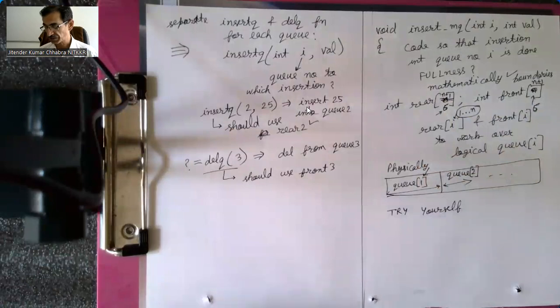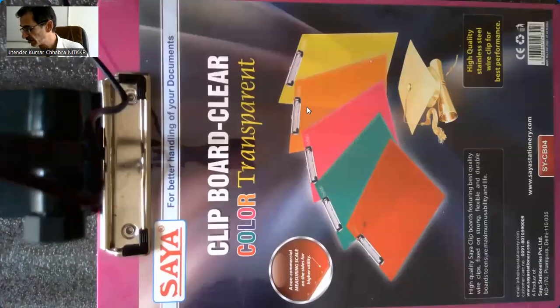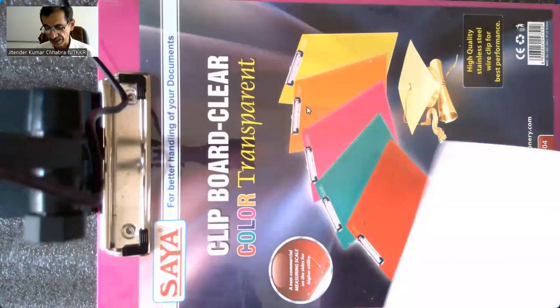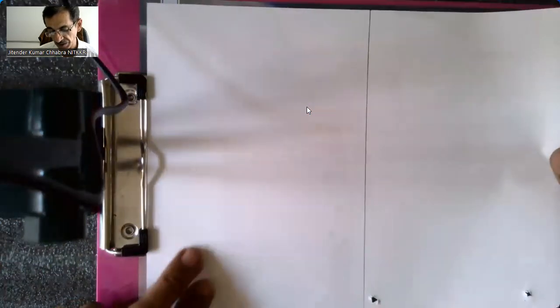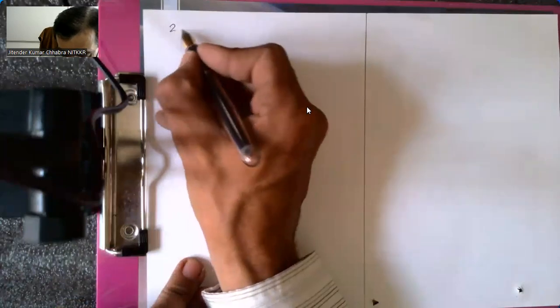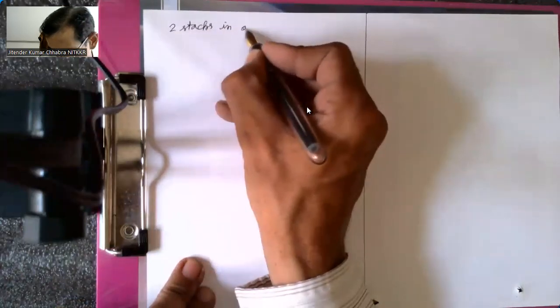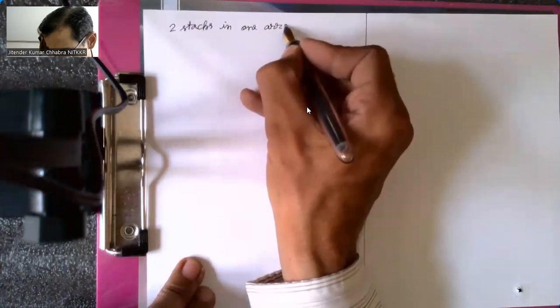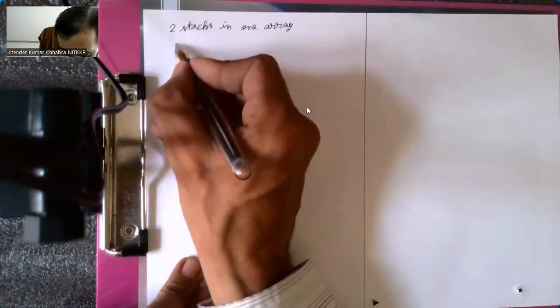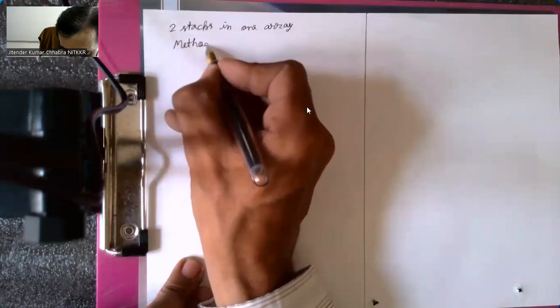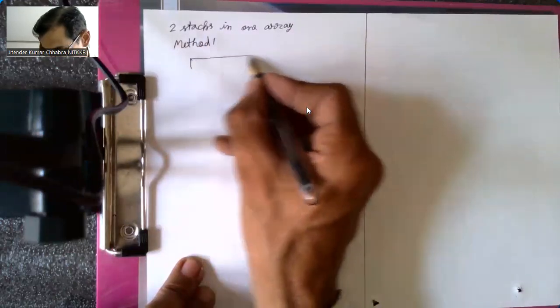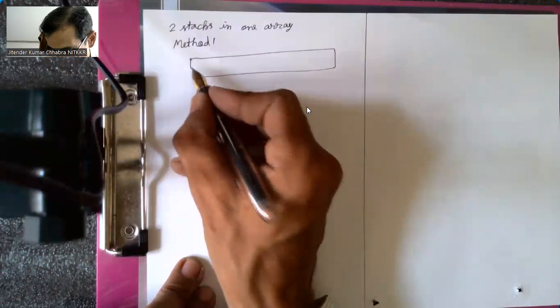What I am going to discuss with you is something more than this. Let's talk of a special situation where I am willing to have 2 stacks in one array. So, of course, method 1, we have just discussed: I say I have total memory.